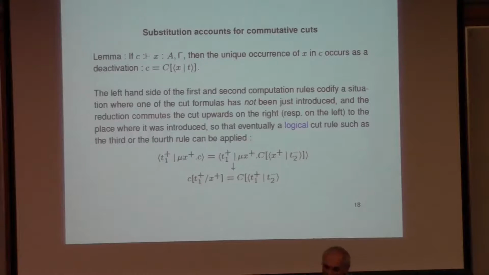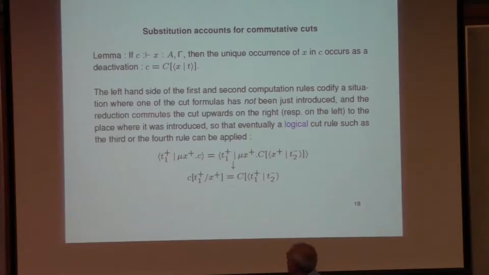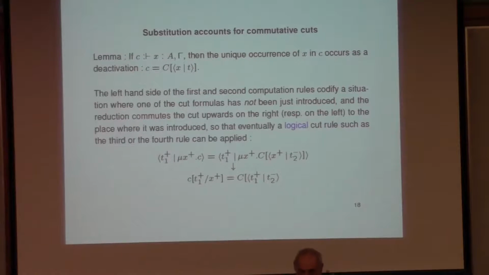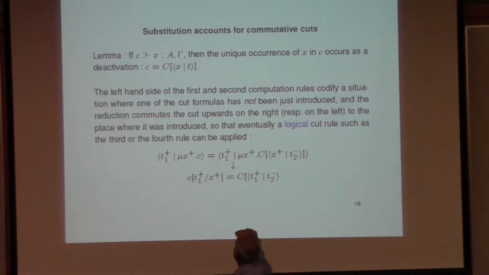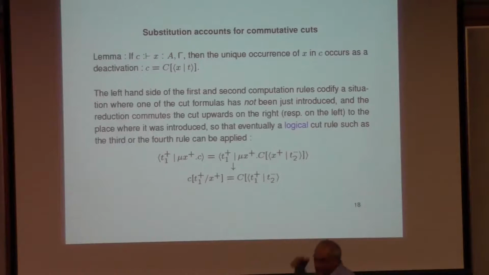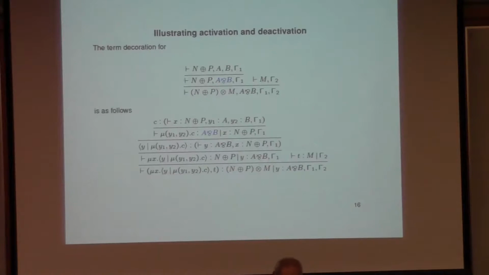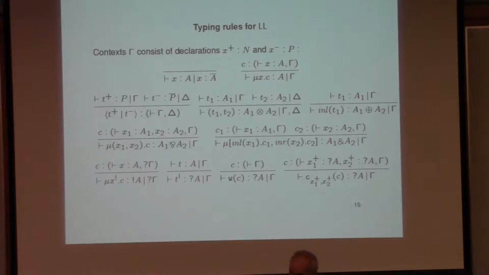So exercise. It's an induction on the proofs. You can show that for any command C that has a type x colon A, gamma, then I know that x occurs uniquely in C because the syntax has been designed to be linear.